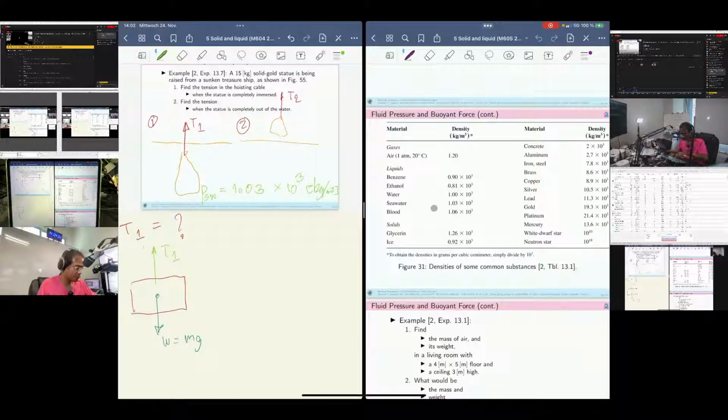The volume of the statue is unknown. Do you know, any of you? Is there any of you who knows this? How many cubic meters is this statue? Any idea about it? Who could find the volume of this statue?